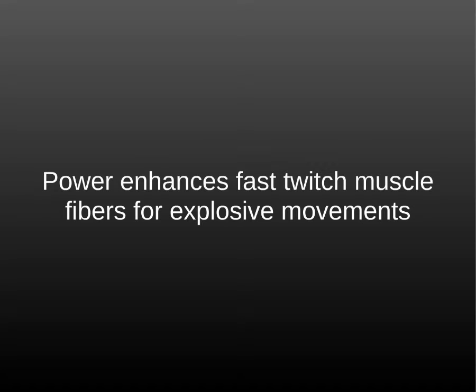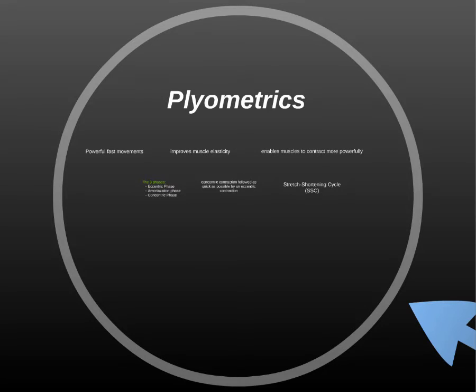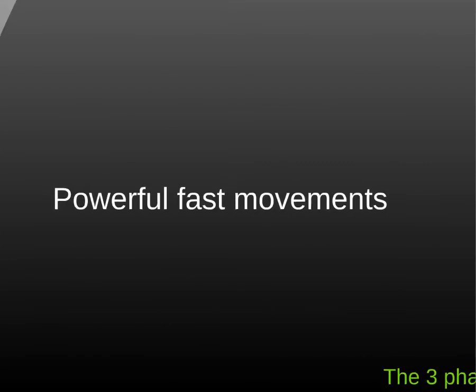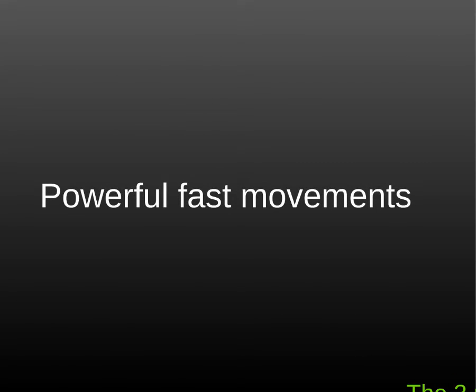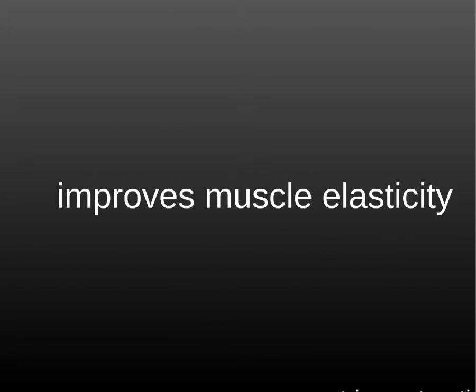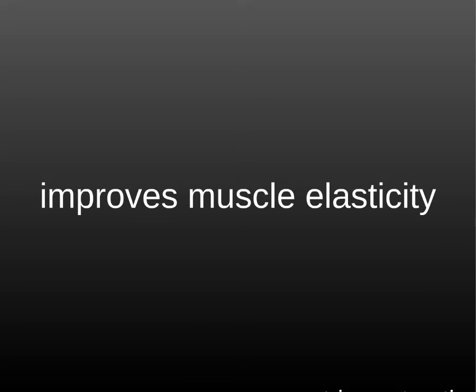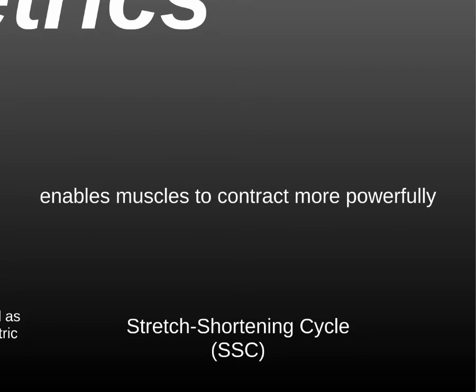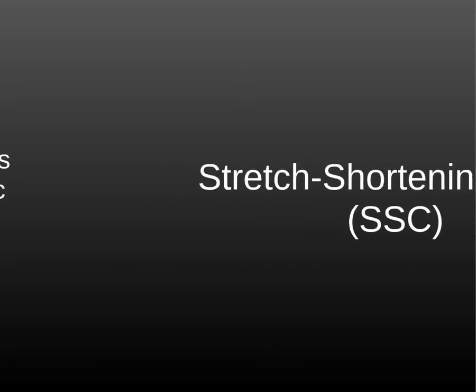The next syllabus suggestion to improve speed and power is plyometrics. Plyometrics consists of powerful and fast movements. It improves the elasticity of muscles and tendons to create more powerful muscle contractions. This is known as the Stretch-Shortening Cycle, or SSC for short.